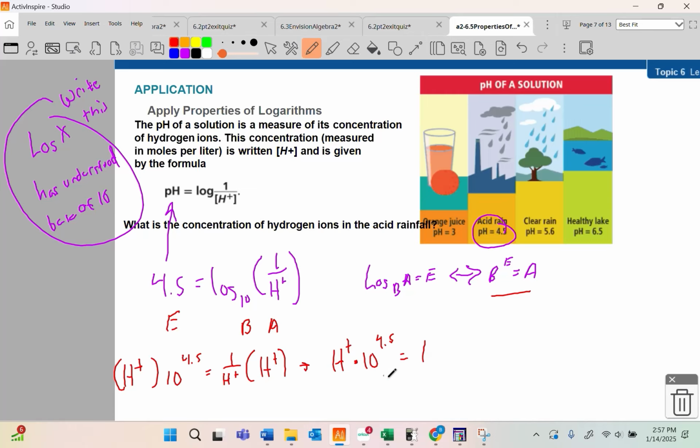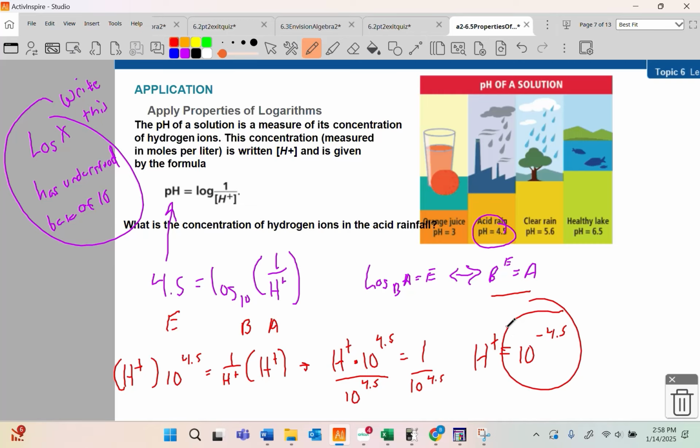I'm going to counteract multiplication through division. So H plus is, now remember this, whenever we deal with exponents, we shift things around, 10 to the negative 4.5. That is the hydrogen ion concentration. Funny looking number. It's ridiculously close to 0, but there you go.